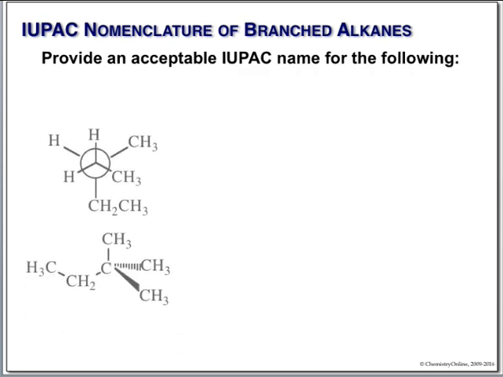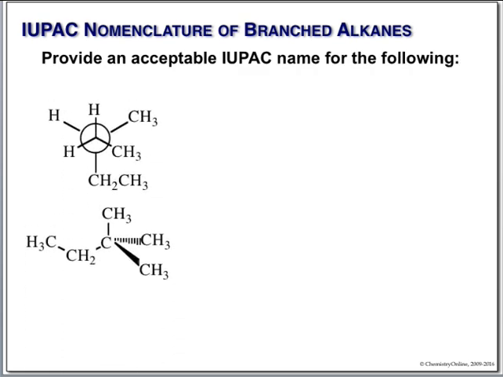All right, let's combine 2 tasks here and name these guys. This one's going to be simple. This one we have to unwind, don't we? So step 1. Take the Newman and unwind it and draw a sawhorse. Remember, this is in front and the big guy is in back.